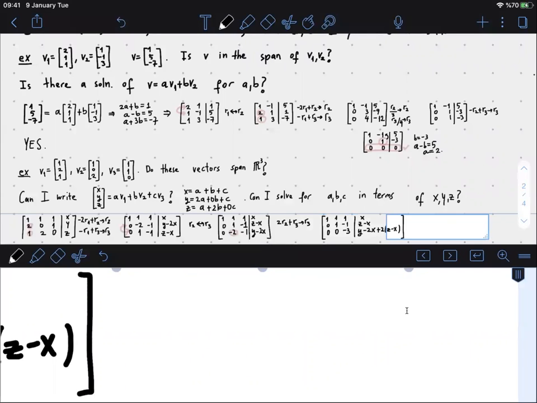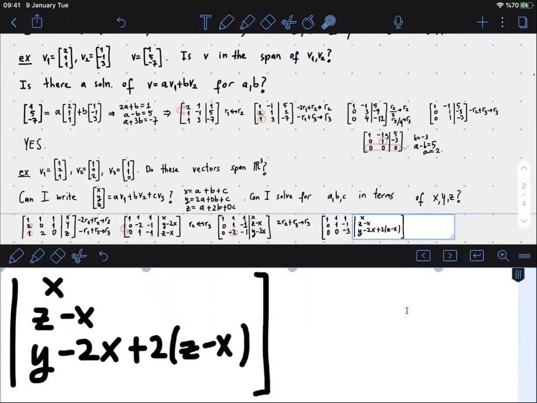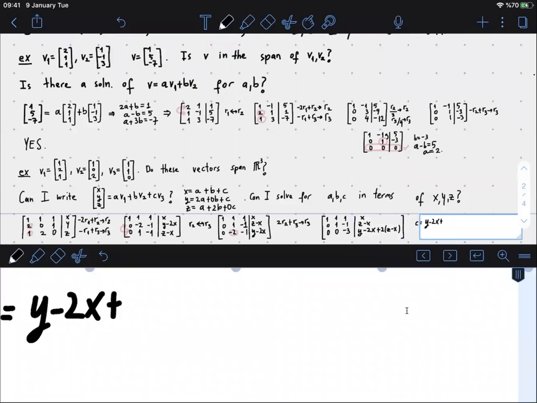Now what we are interested in is whether this system is consistent, whether there's a solution. We're not interested in what the solution is. If you look at it, this means -3c equals this thing. So I can always solve this for c, right? By dividing both sides by -3. The last equation means c equals the whole thing on the right hand side divided by -3.